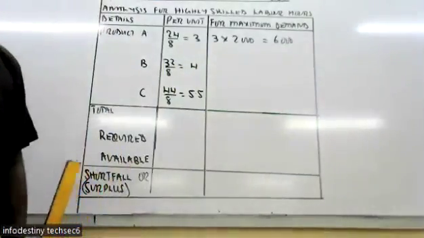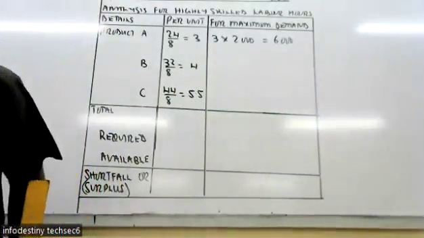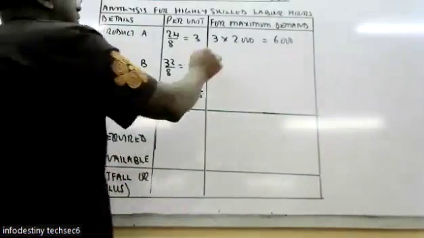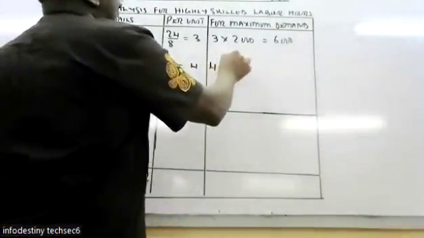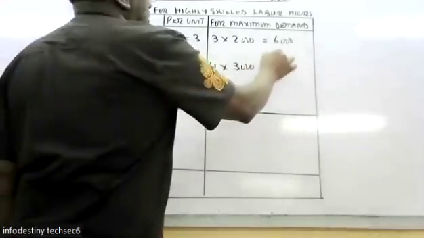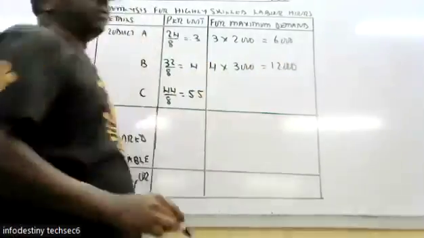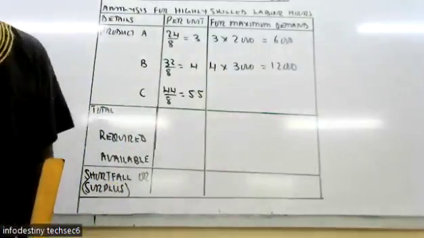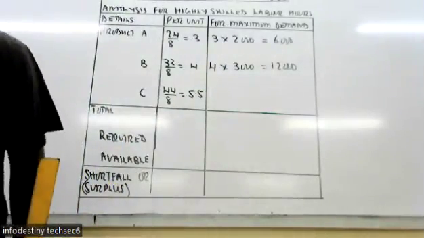Huyu mwingine, it is 3000. So it is 4 multiplied by 3000. That will give us 12,000. The next is 1800.